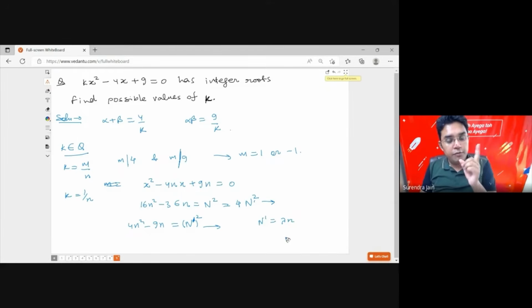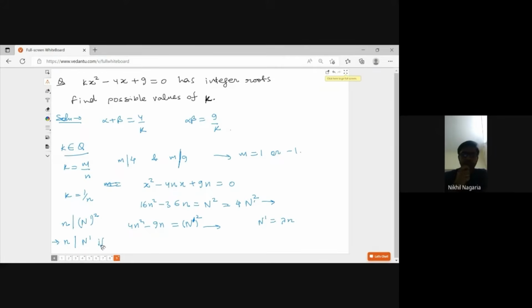Just one thing. If small n is a perfect square and it divides n dash square, because you are claiming n will divide n dash square, then is it true that n will also divide n dash? No, it won't work.